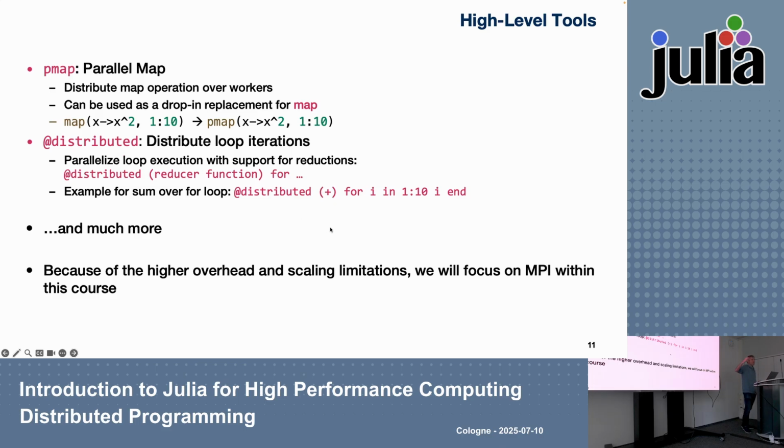Therefore, you see the distribution of the work is implicit. It's taken care of by Julia. You can also more explicitly, for example, specify what task should be executed on what worker.